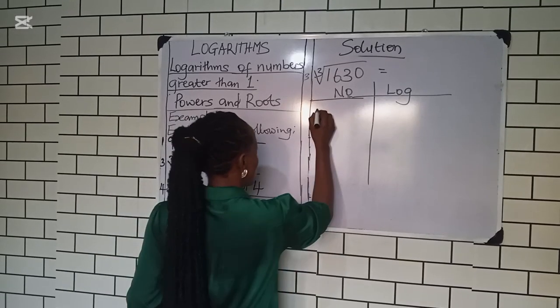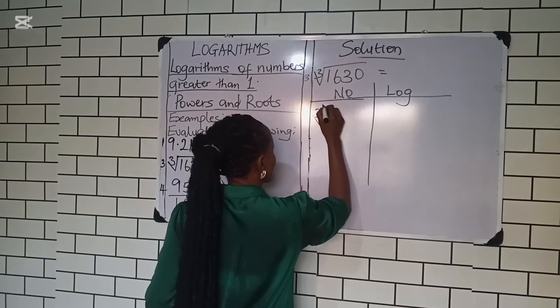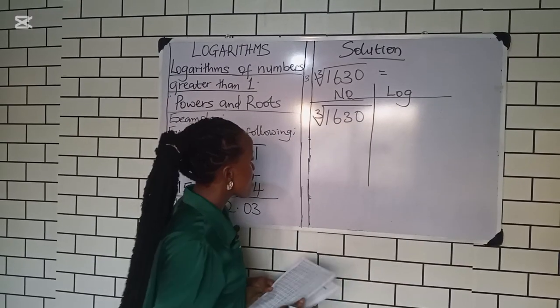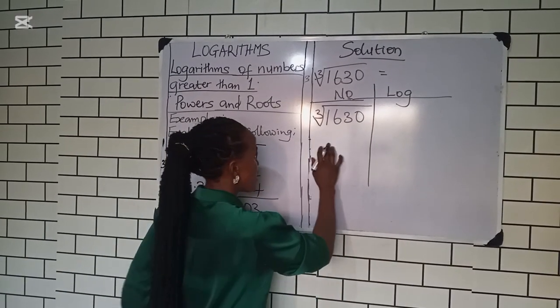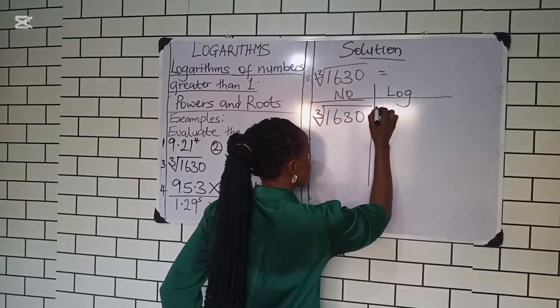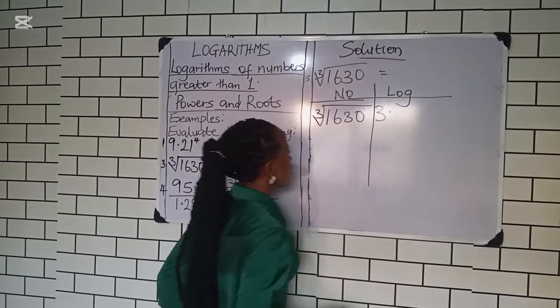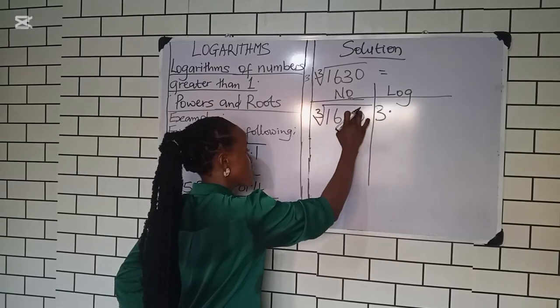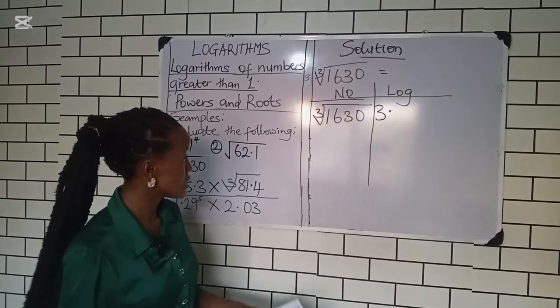Now what we have here is cube root of 1630. The characteristic part here is 3. Have your 3 point. We're going to look for 16 under 3. There's no difference of 0. Therefore, that one is left-hand side.